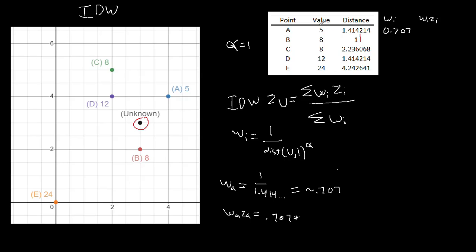And the value of that point in this case is this 5 here, so we're going to pull that 5 down to there. If we do that, 0.707 times 5 is approximately 3.54. So our Wi Zi is going to be 3.54. Okay?